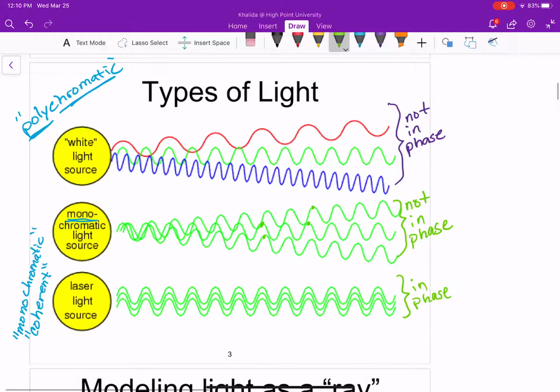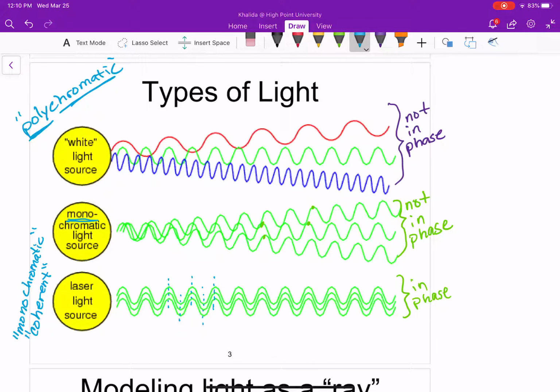So you can see that all of the peaks line up, all of the troughs line up, everything lines up, so it's emitting only a single wavelength, and it is emitting all of its light rays coherently, meaning in phase. And most lasers are coherent light sources. Most of the sources of light that we have are white light sources. They emit polychromatic light that is not in phase. So that is what we have to deal with most of the time.